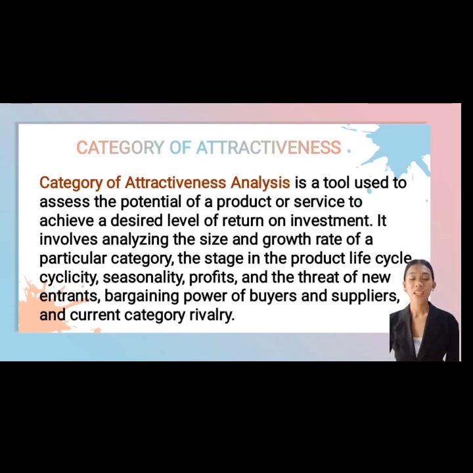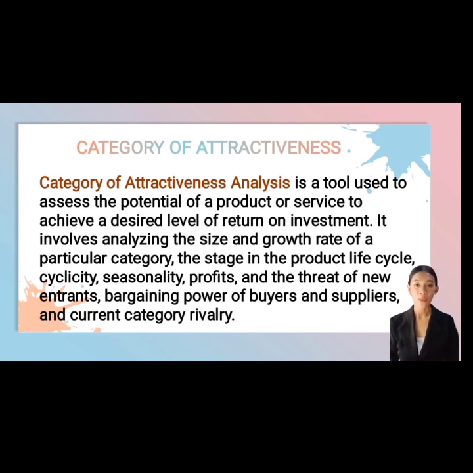What is category of attractiveness all about? It is a tool used to assess the potential of a product or service to achieve a desired level of return on investment. So, it is all about the return on investment. It is a tool used to know if the product or service has a higher chance of return on investment.